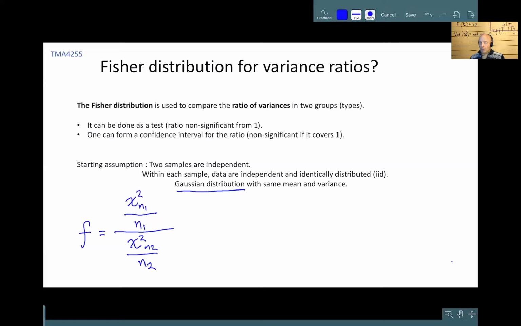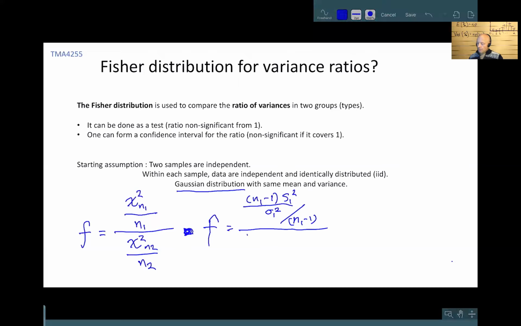If we look at our chi-square statistic for just one group, we had n1 minus 1, times s1 squared divided by sigma 1 squared. This was chi-squared distributed with n1 minus 1 degrees of freedom. So then we divide by n1 minus 1. That's what we get in the numerator.